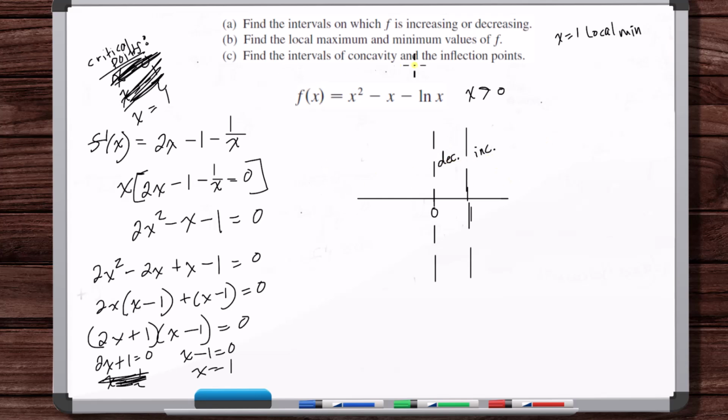All right, intervals of concavity. The second derivative is 2 plus 1 over x squared. So x is equal to 0 doesn't exist, but that's an endpoint. That's the only point where this doesn't exist. So what about where this is equal to 0?